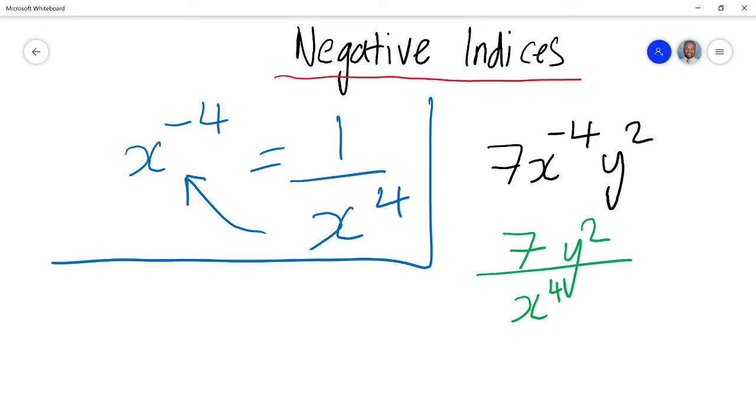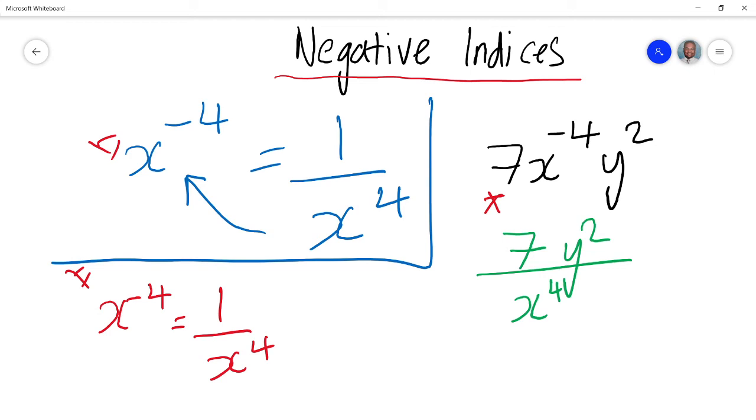Again, if you found that a bit confusing, just remember x to the power negative 4 is the same as 1 over x to the power 4. We're just adding more layers to increase the complexity, but it's exactly following the same rule of negative indices.